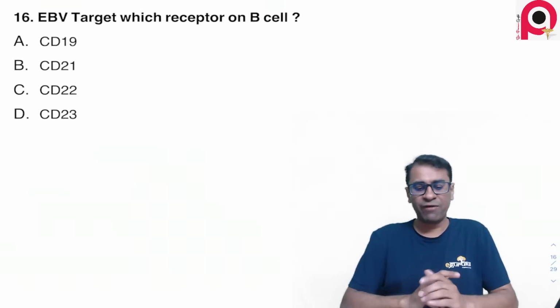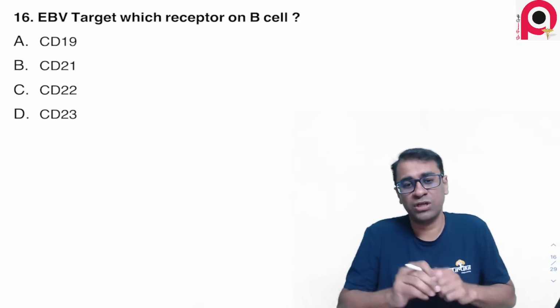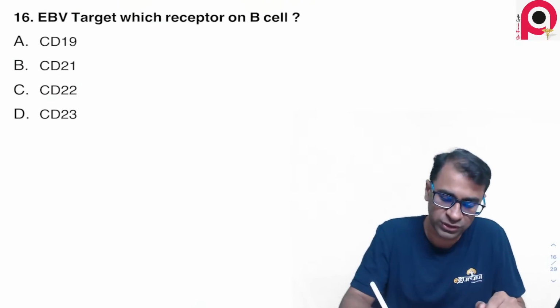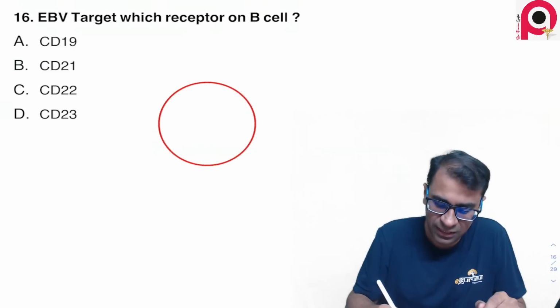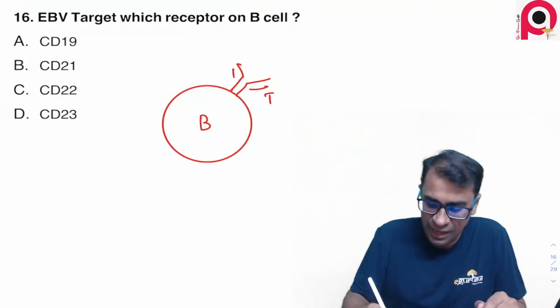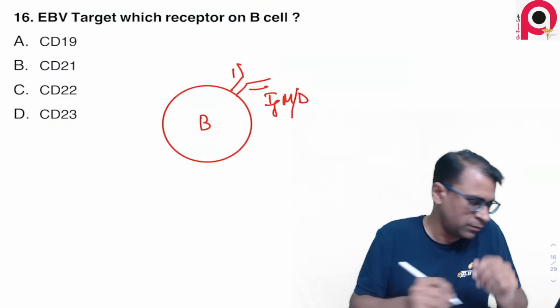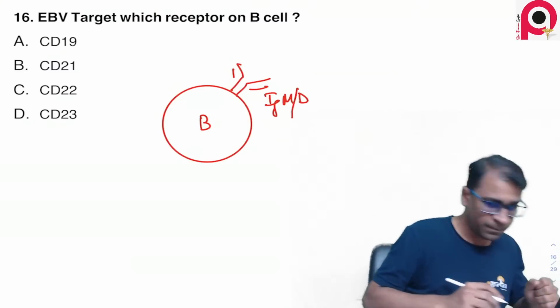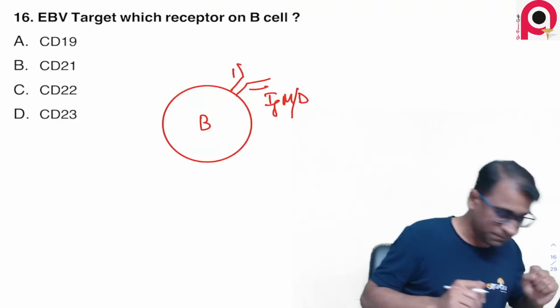Okay, Epstein-Barr virus targets which receptor on the B cell? This is a question we draw in our own notes. So I draw the cell like this. This is a B cell. The B cell has IgM or IgD.